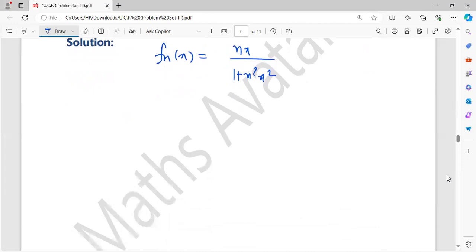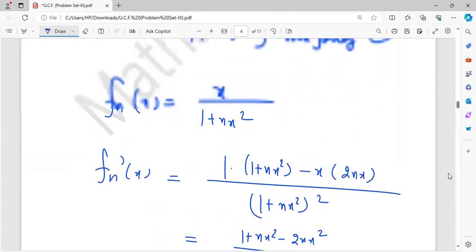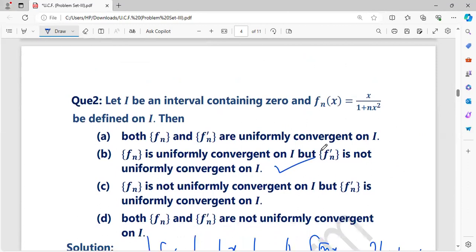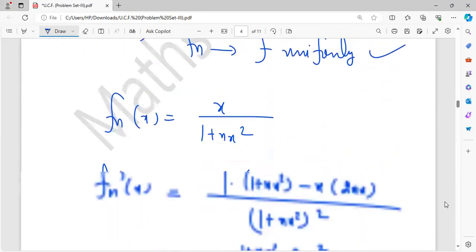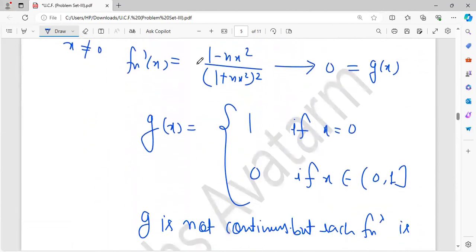What does it mean? You see that in the previous question, I was first doing the interval containing 0. I have taken the closed interval 0, 1, but you can think of it differently.